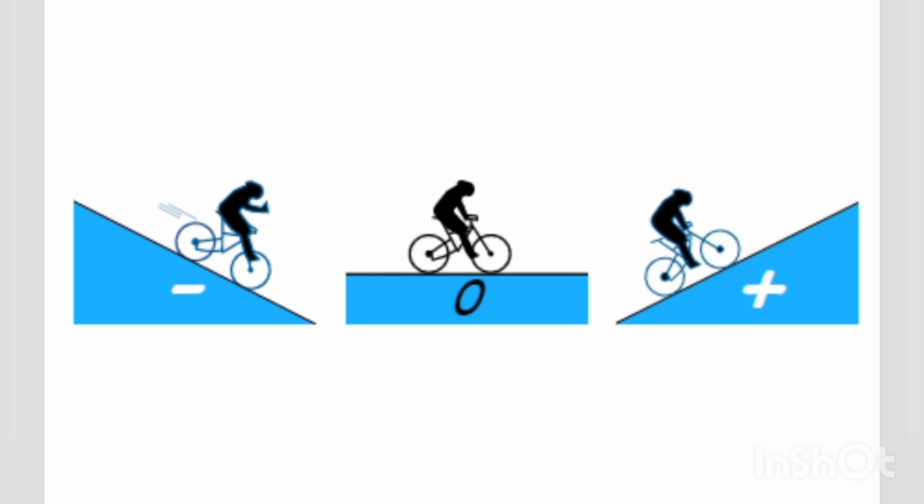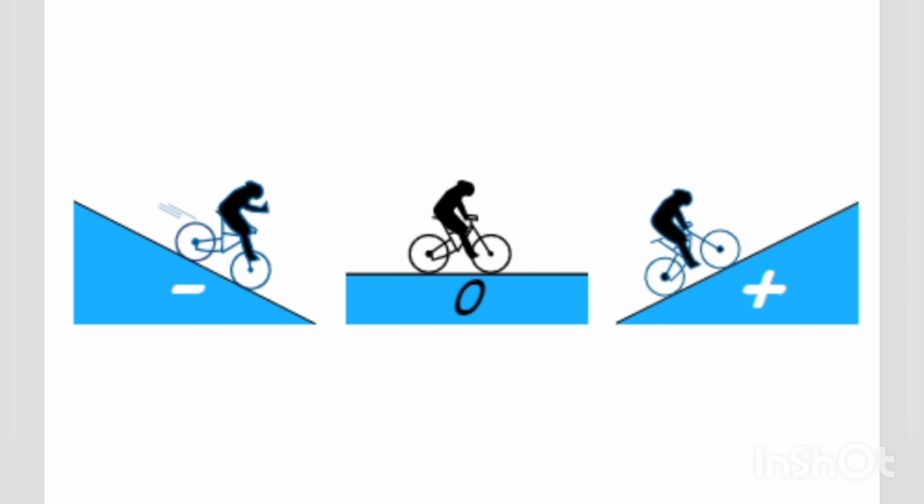As you can see, when you're cycling along a straight road, you don't have to exert any effort because you're neither going up the hill nor are you going down the hill. Students often find it very difficult to understand why the slope of a horizontal straight line is always zero. But if you just remember this image, then you're going to have absolutely no difficulty in remembering this basic fact.